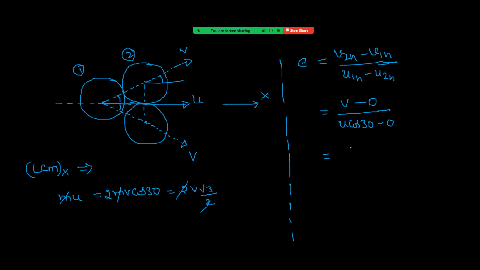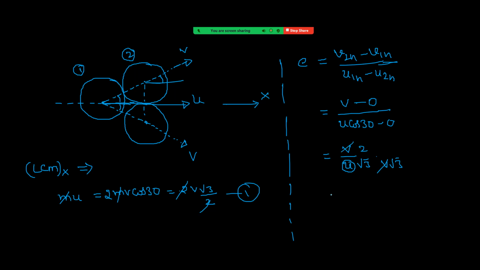Then see what we get. V by U cos 30. So V by U cos 30 means root 3 by 2. Okay. See, from the first equation, in the place of U, substitute V root 3.